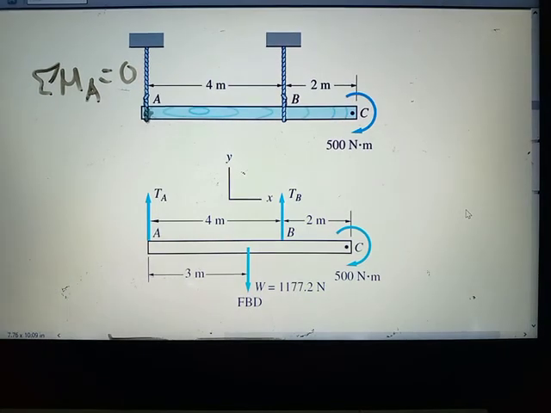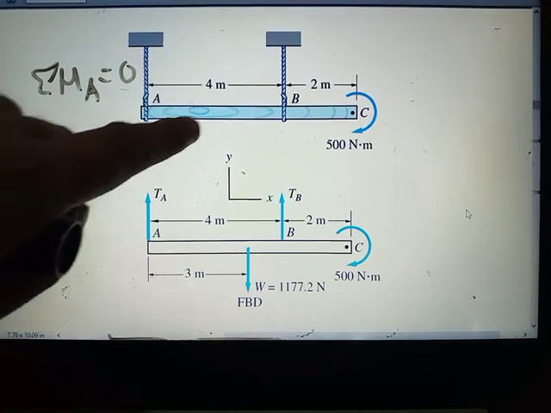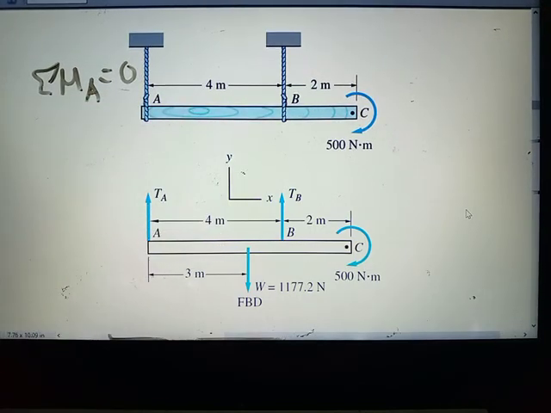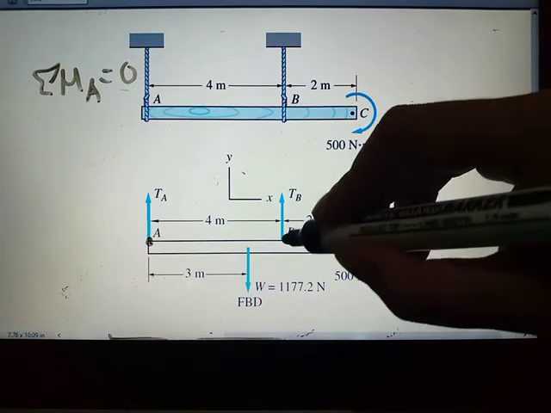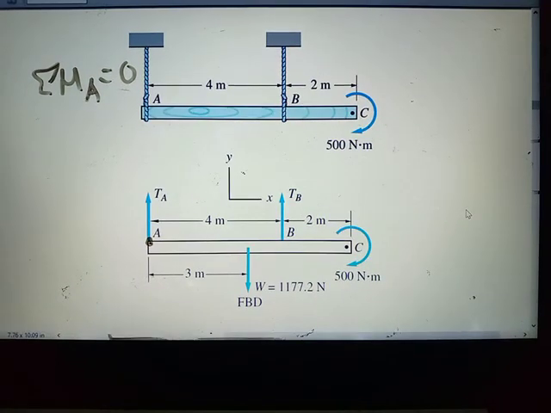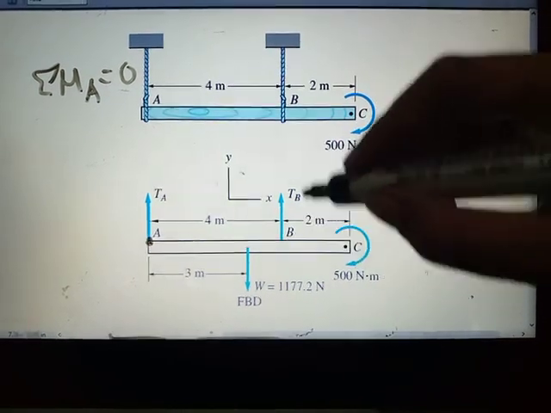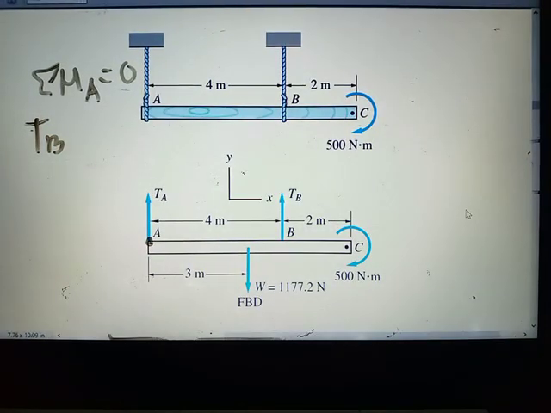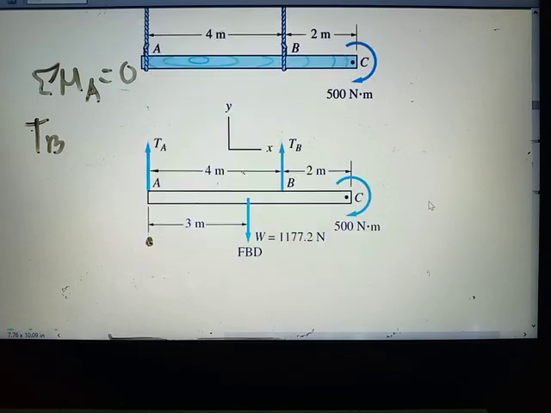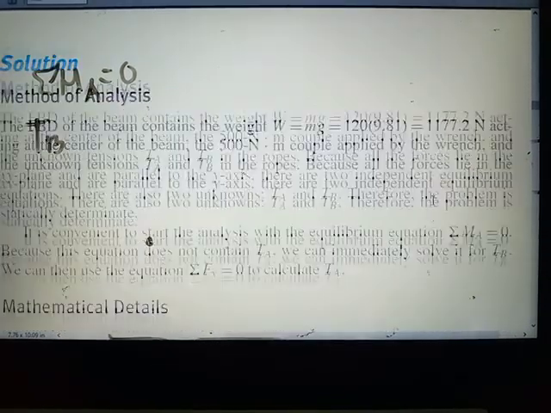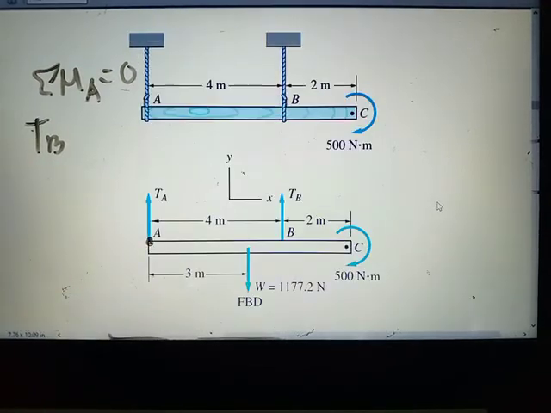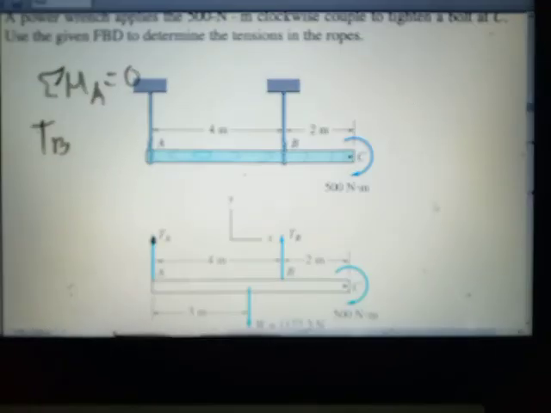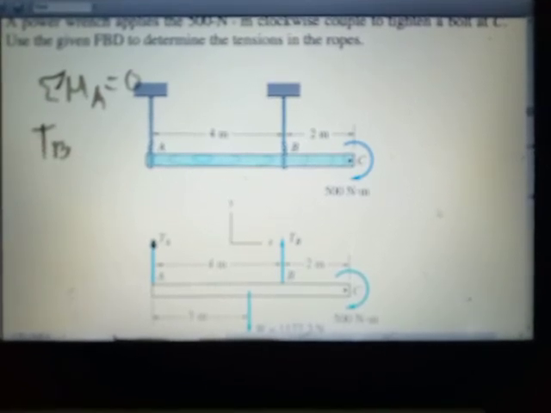So how do we solve this? Simple. We sum up all the moments at A equal to 0. This A has no moment arm, so only B contributes, which is TB. Let us assume counterclockwise is positive.